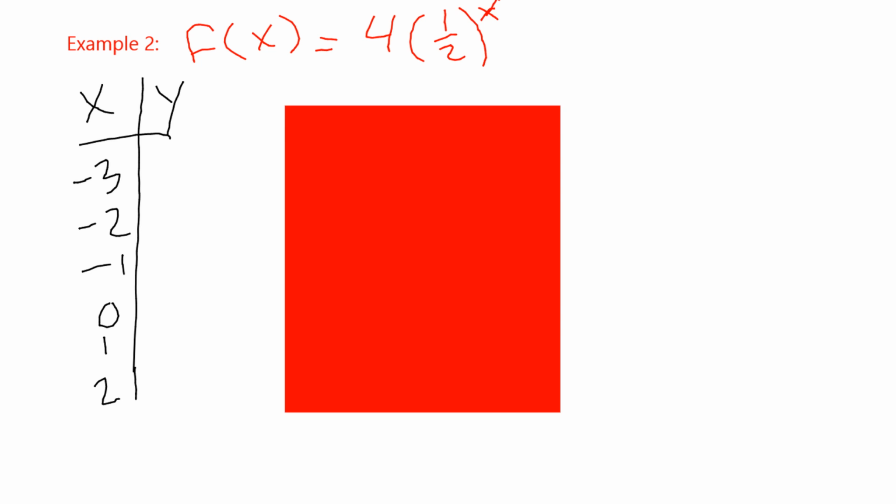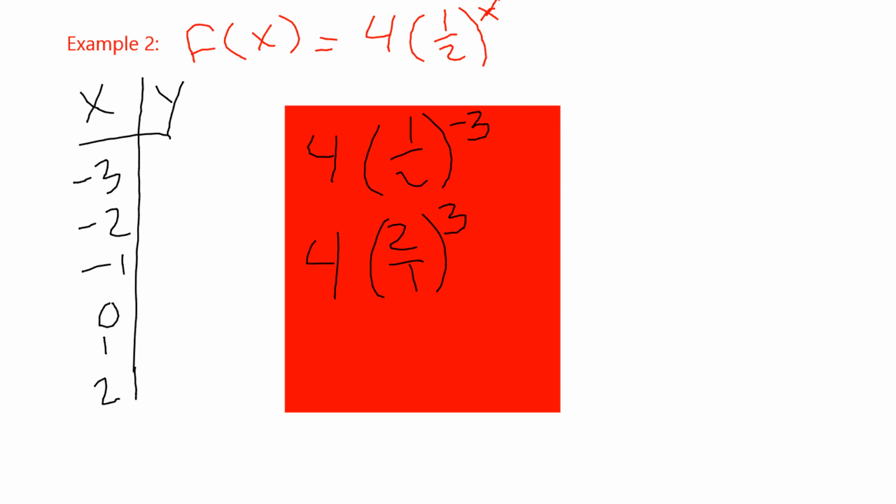And I'll substitute 0 and 2, and then the other ones I'm just going to do, and you can check your work if you solve them. So I'm going to have 4 times 1/2 raised to the -3rd power. Well, when you have a negative power, you have to flip your symbol or your fraction and then raise it to the positive power.